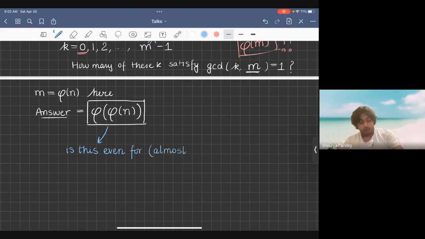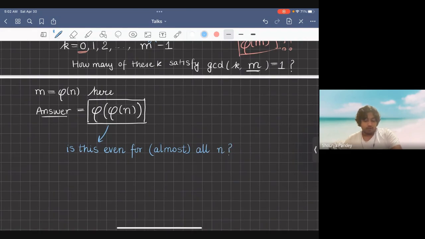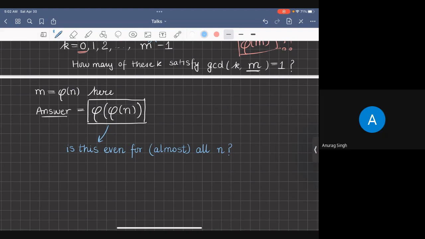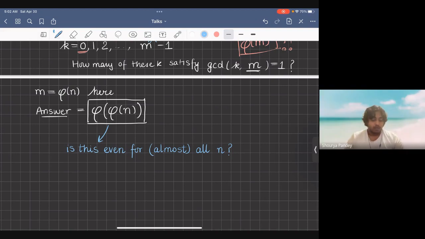Yes, so that's more like a combinatorial argument. In fact, if a number and its inverse are equal, then we're saying that the number has order 2. Well, you can do it directly as well. Phi of a number is always even if the number is at least 3.